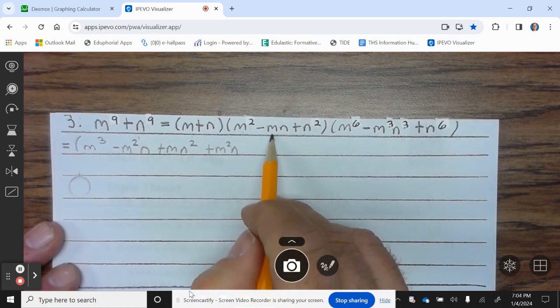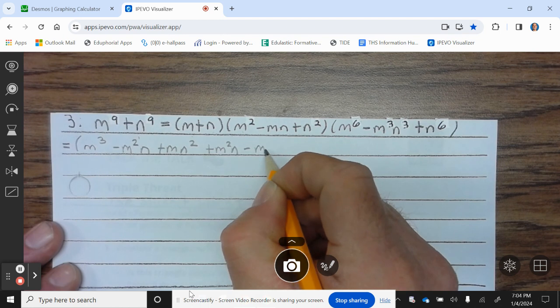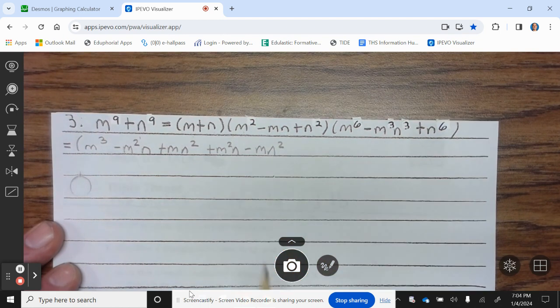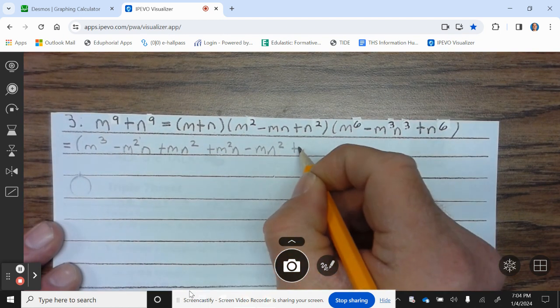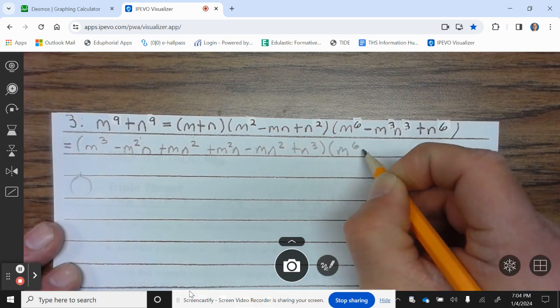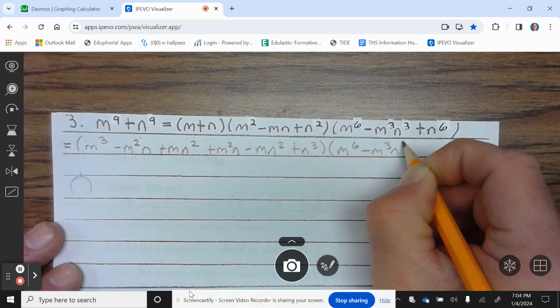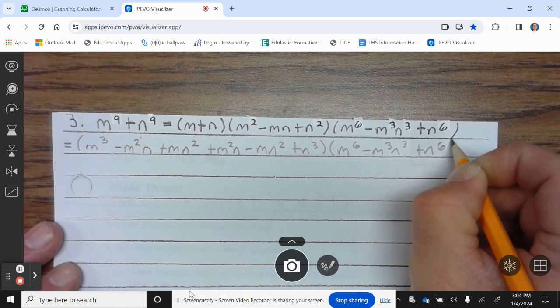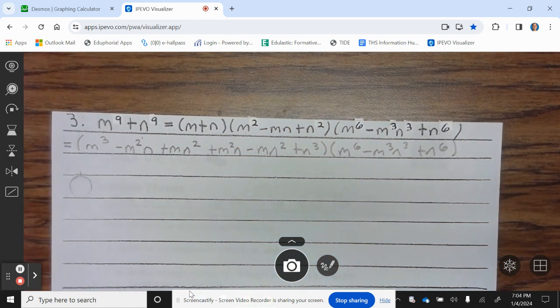N times negative mn is minus m n squared. N times n squared is plus n cubed, times m to the 6th minus m cubed n cubed plus n to the 6th. Let's see if there's anything we can combine.